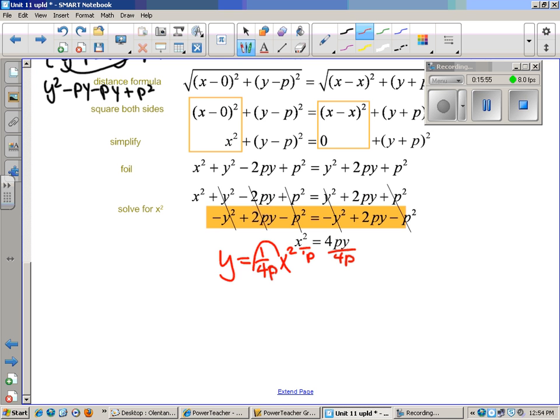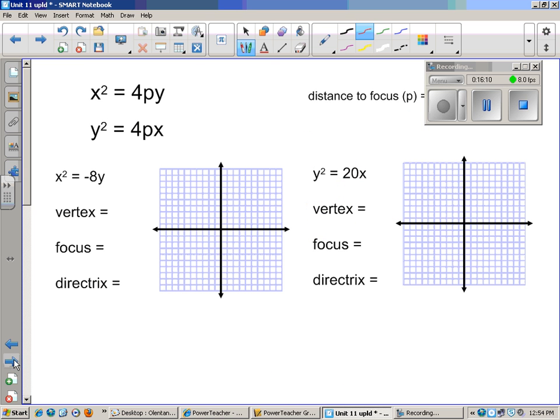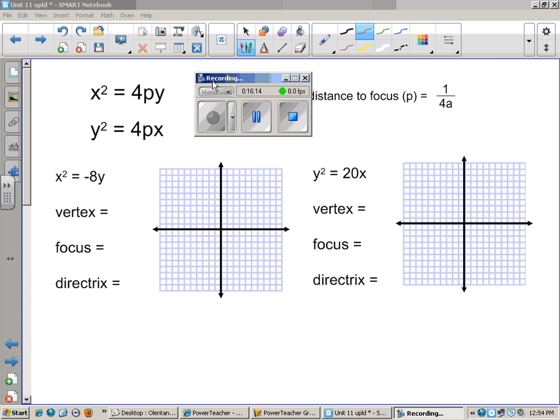Okay, so what do we call that number in front of x squared? Just in a regular formula, what do you call it? A. That's equal to a, isn't it? So if I rearrange that formula a little bit, I get that p is equal to 1 over 4a.